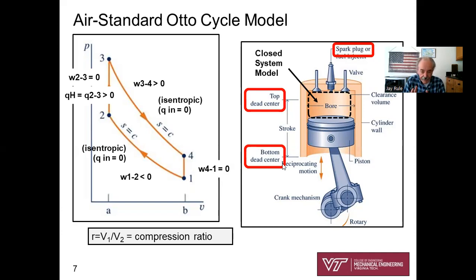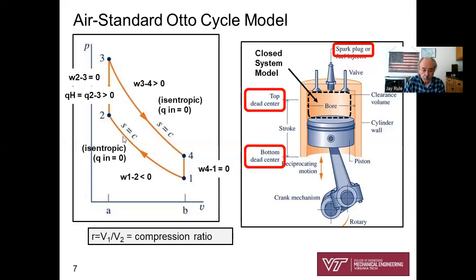Okay, so with that sketch, now let's move over to our pressure volume diagram. And let's quickly look at the process. We're going to start at state 1, which is the lowest pressure and lowest temperature in the cycle. That would be like ambient conditions, kind of like atmospheric pressure, atmospheric temperature. Okay, that's at bottom dead center, maximum volume, V1.